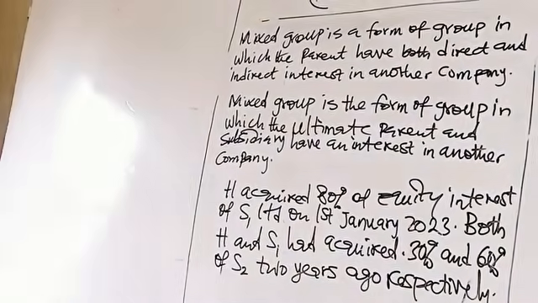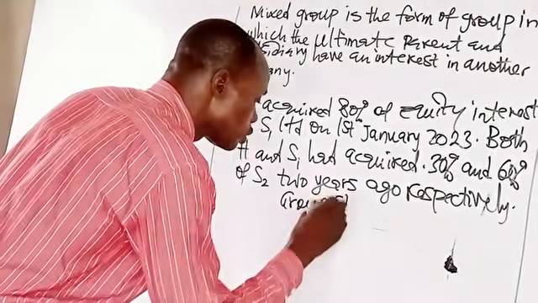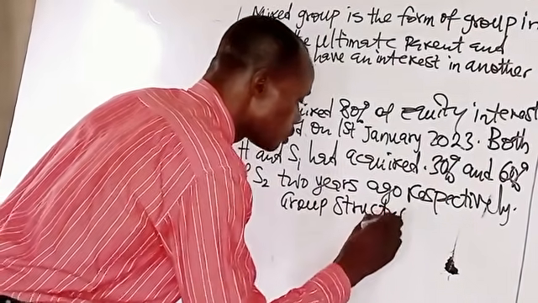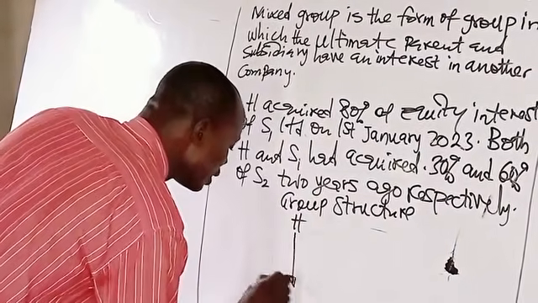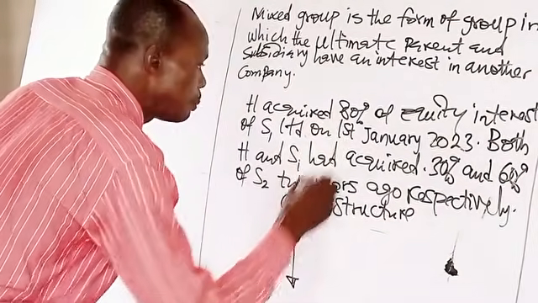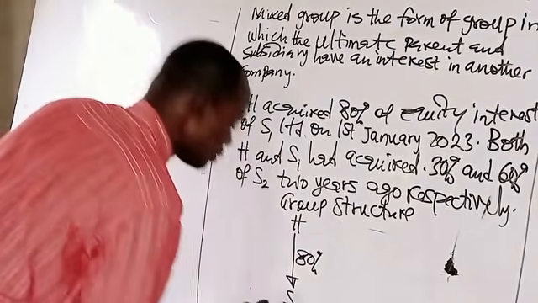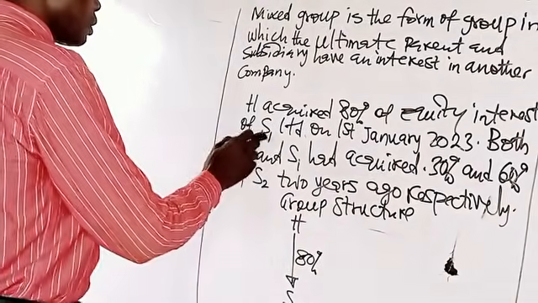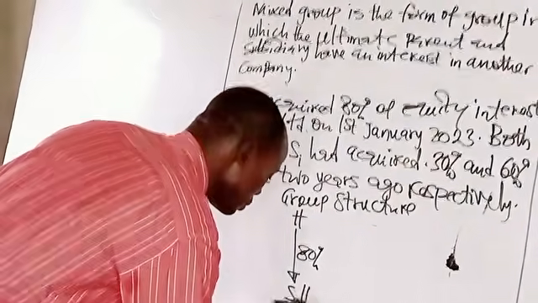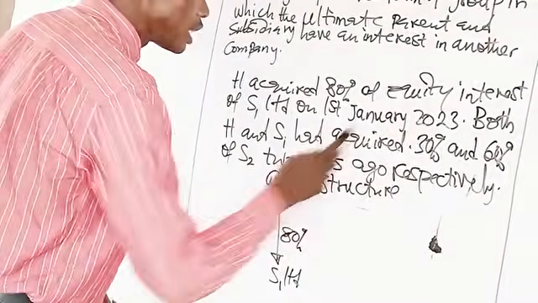Now, if you want to draw the group structure, it will appear like this. H acquired 80% of S1 Limited on 1st of January 2023.